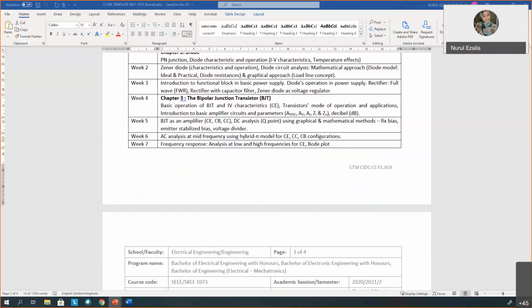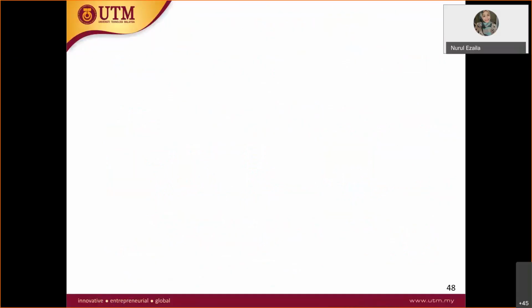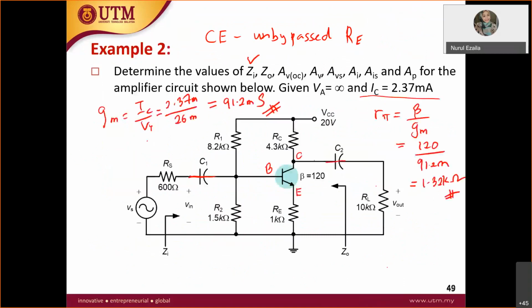Next is on the Av and AvOC and so on. So Zout is done. Now AvOC. AvOC is Vout over Vin without RL.